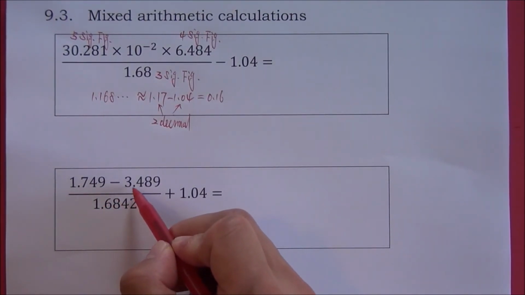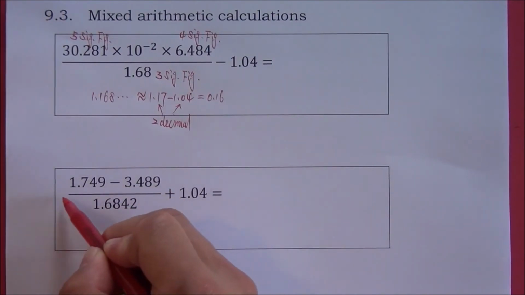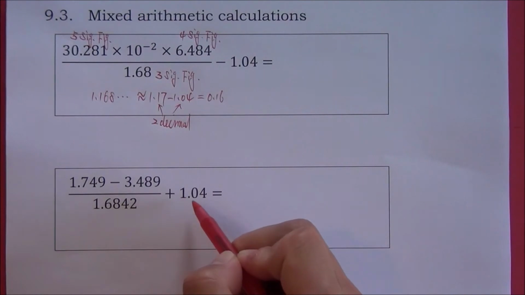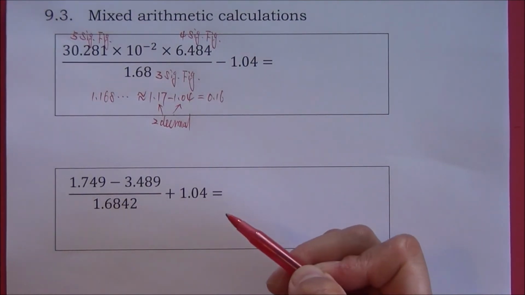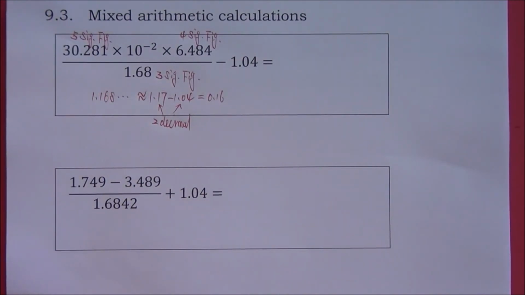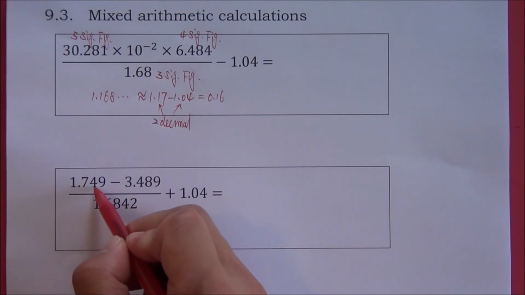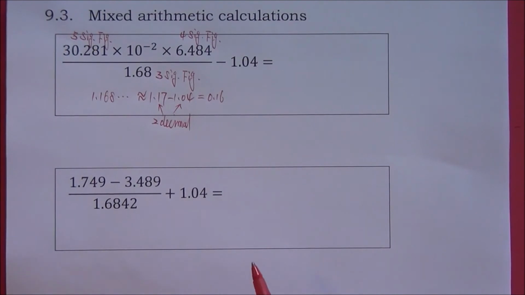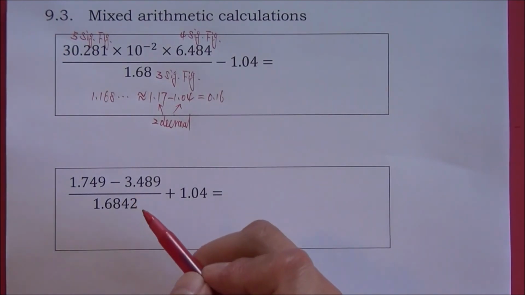1.749 minus 3.489 divided by 1.6842 plus 1.04. According to mathematics, we need to calculate 1.749 minus 3.489 first. The intermediate answer for this step should have the least number of decimal places.